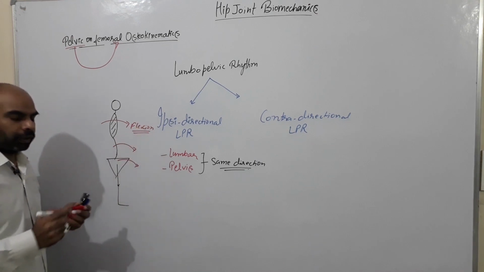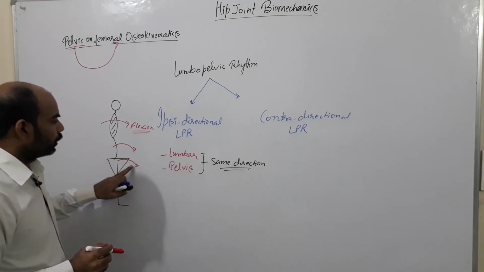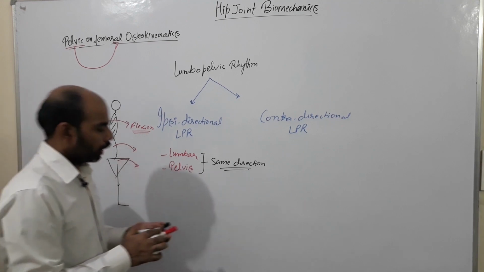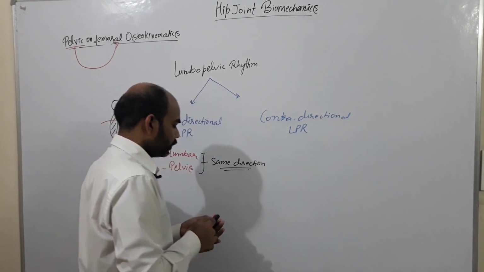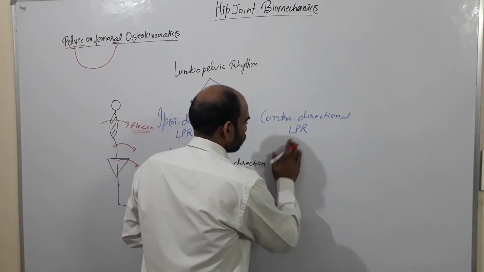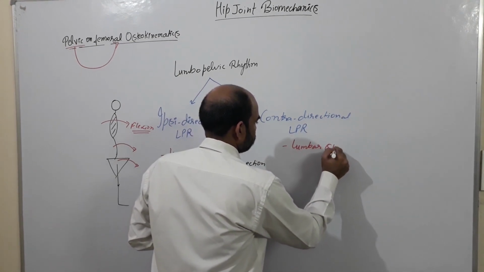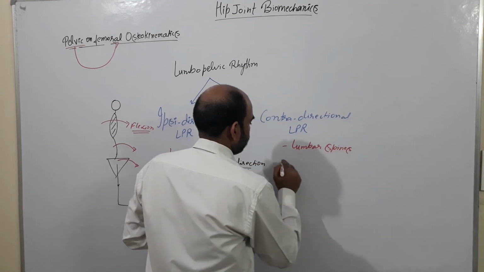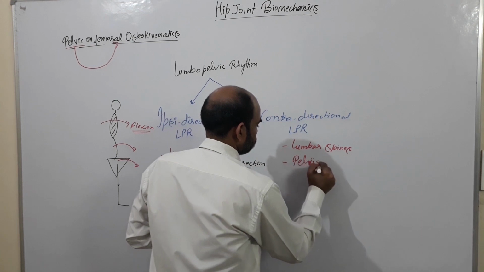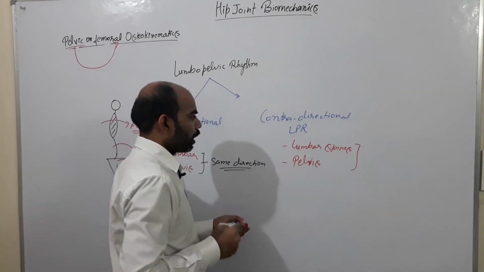So lumbar spine and pelvis both move anteriorly in flexion. Contradirectional lumbopelvic rhythm means lumbar spine and pelvis both move in opposite directions.